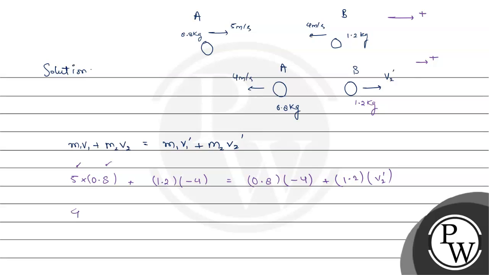So it is 4 minus 4.8, which is equal to minus 3.2 plus 1.2 V2'.